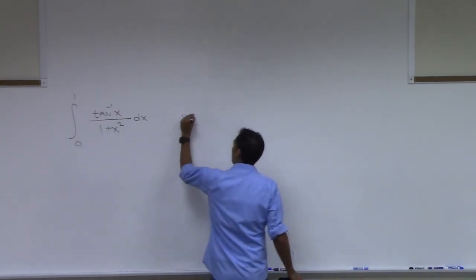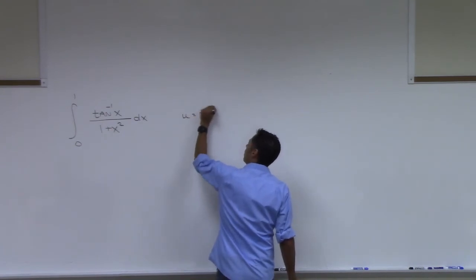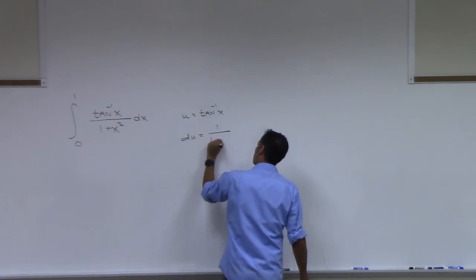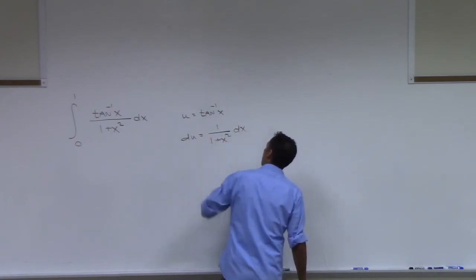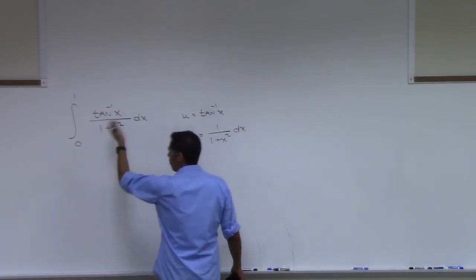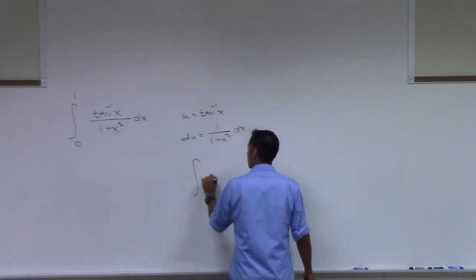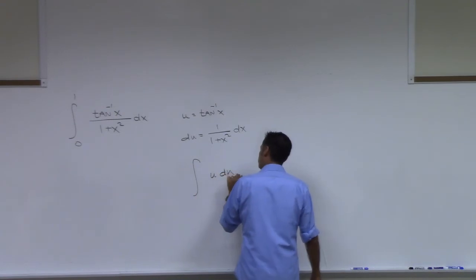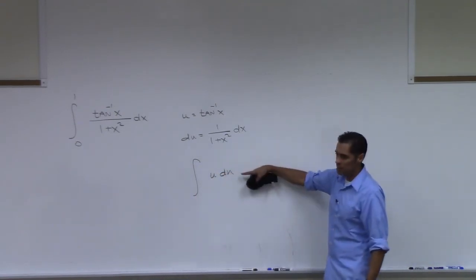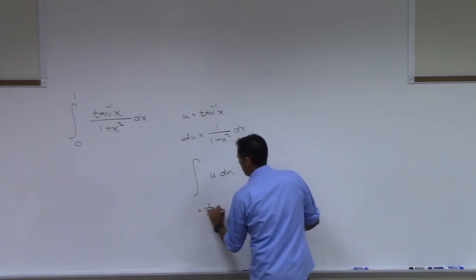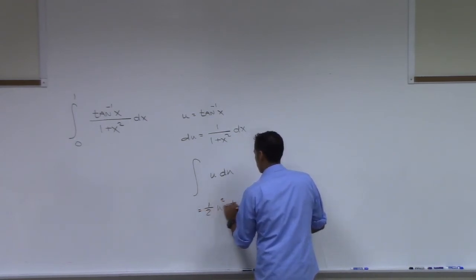So u is arctan of x. Du is 1 over 1 plus x squared dx. And, well, that's just all right there, isn't it? So this integral is going to really become u du, right? The antiderivative of that is a half u squared plus c.